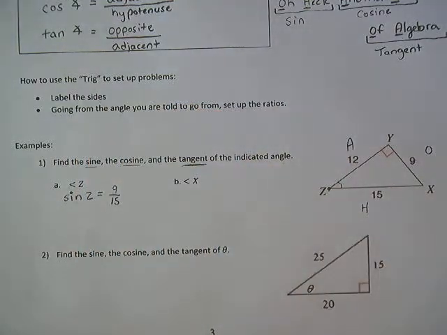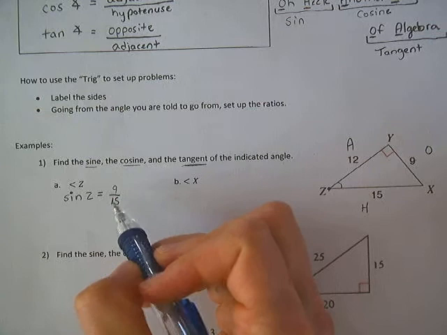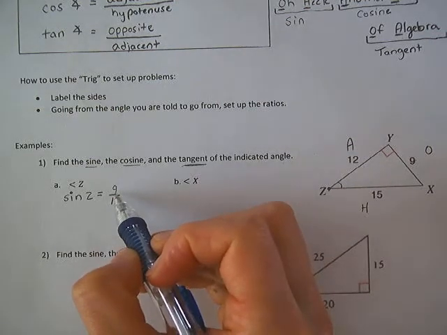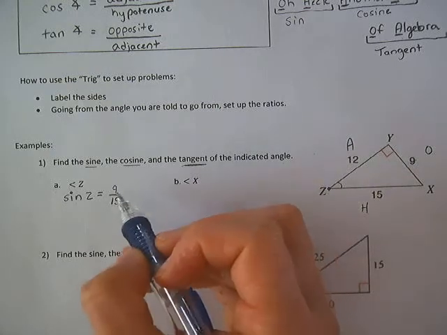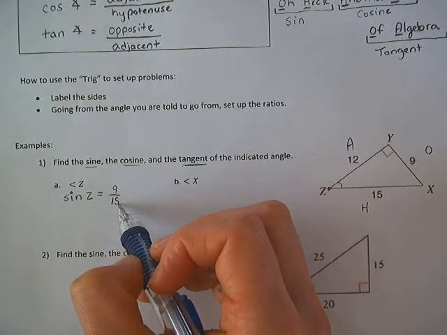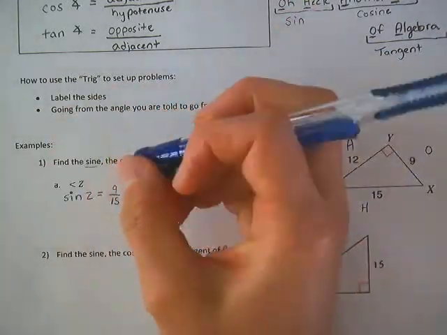Okay, so now with this, some problems will have you leave it like that, but for our problems, I actually want you to reduce it. So if this reduces, then I would prefer you to reduce it. So with this one, a number that goes into both 9 and 15 is 3. And so you would actually reduce it.